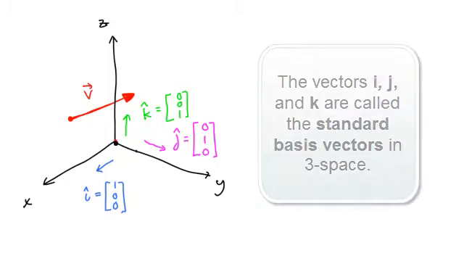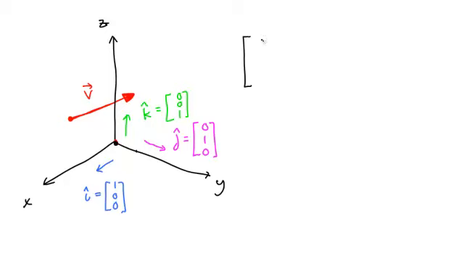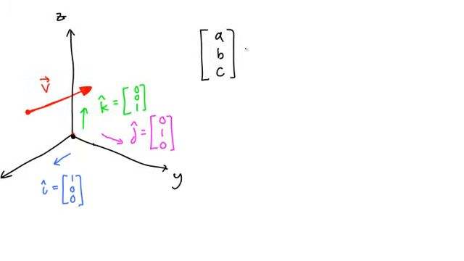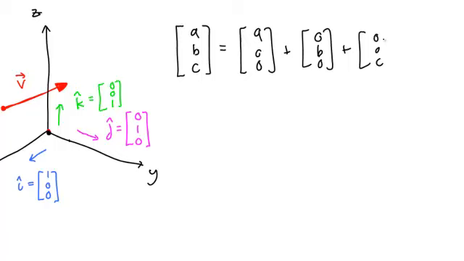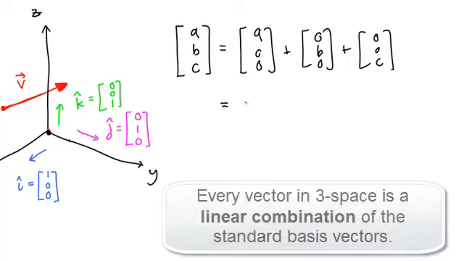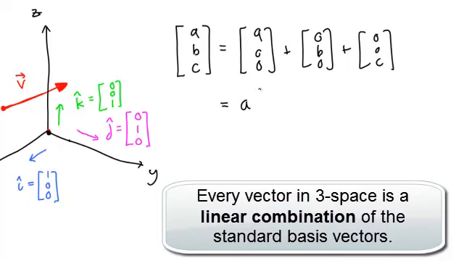And just like last time, if you had a vector a, b, c, well, we could split this vector apart as a, 0, 0 plus 0, b, 0 plus 0, 0, c by using the rule for vector addition. Then by using the rule for vector scaling, this first thing is a times the vector 1, 0, 0.